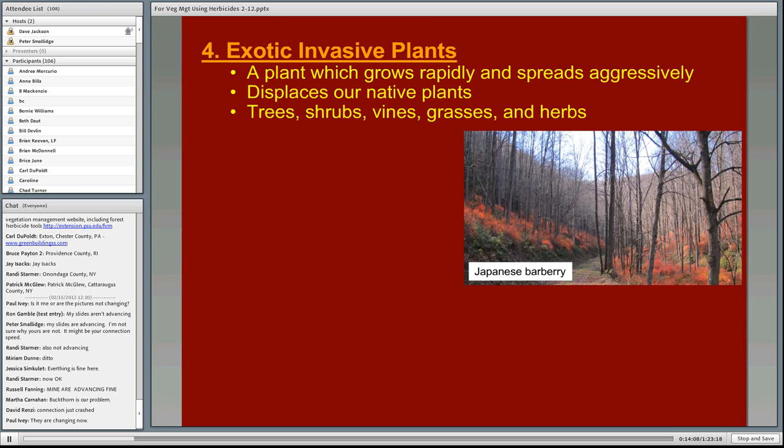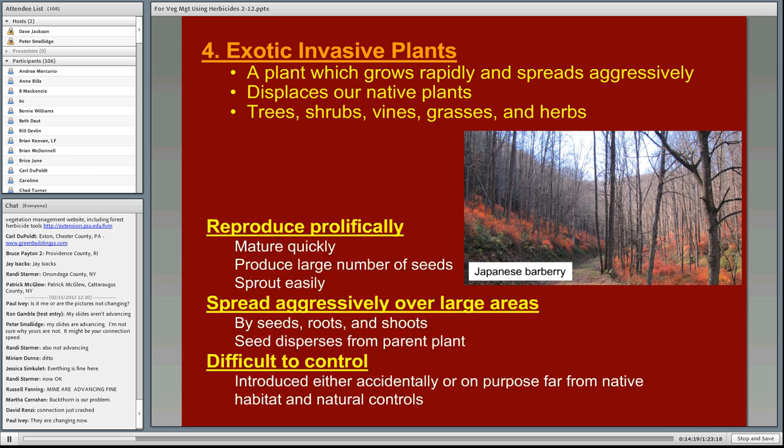These invasives are plants which grow rapidly, they spread aggressively, they displace our native plants, and they come in a variety of different forms, from trees, shrubs, vines, grasses, and herbaceous plants as well. And here are some of the other characteristics. Some of these I mentioned here, but they mature very quickly, produce large numbers of seeds, and they sprout very easily.